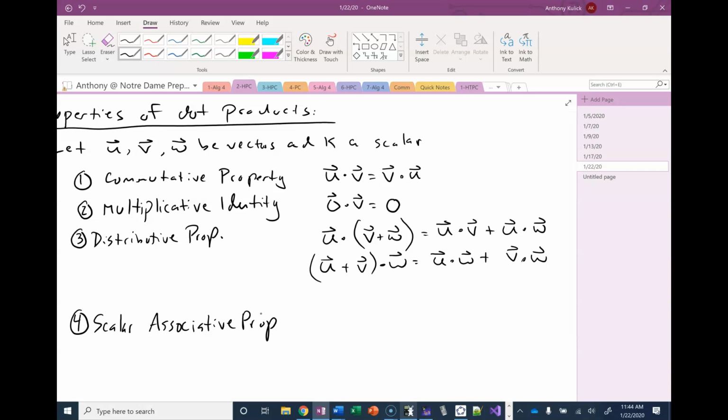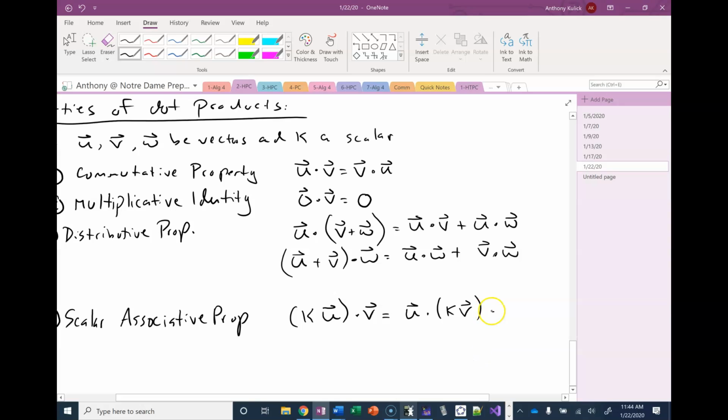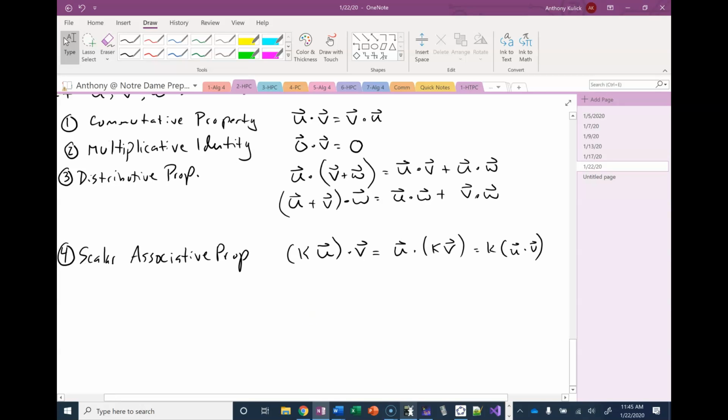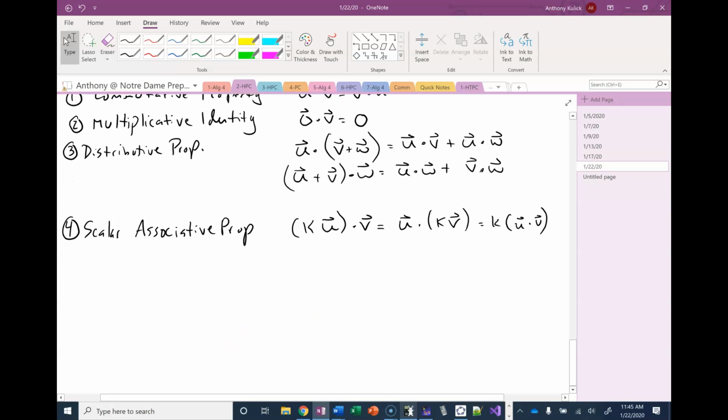There's a scalar associative property, which says if I have k times u dot v, that's the same thing as u times k dot v, or u dot k times v, which is also the same thing as k times u dot v. So what this is basically saying is it doesn't matter when you multiply that scalar in.